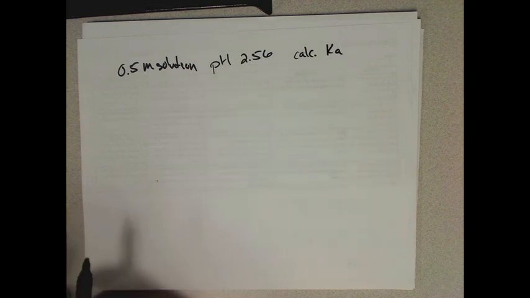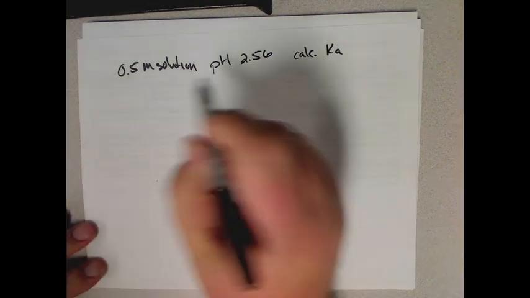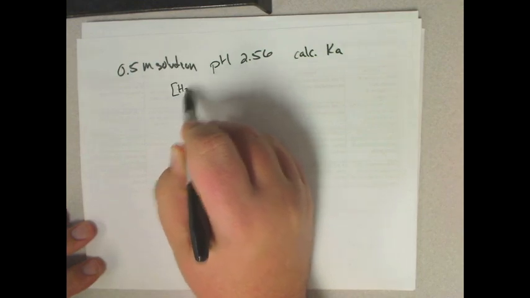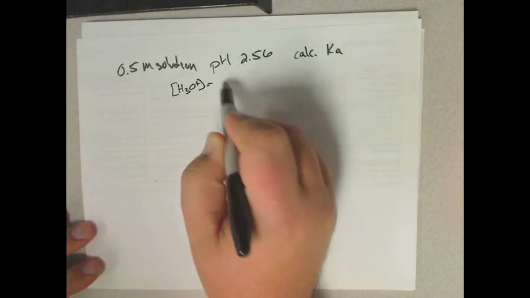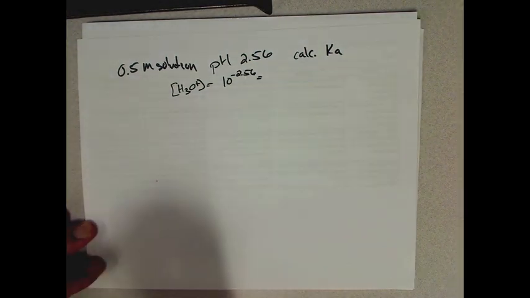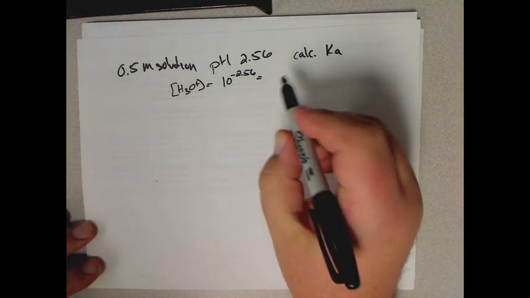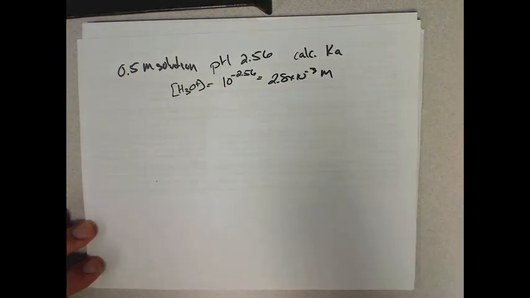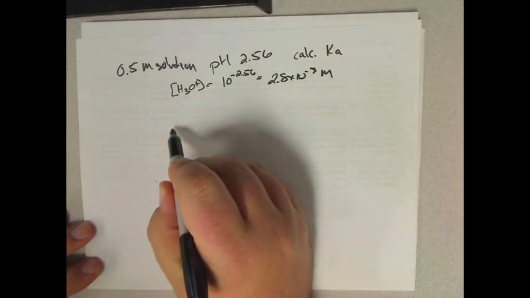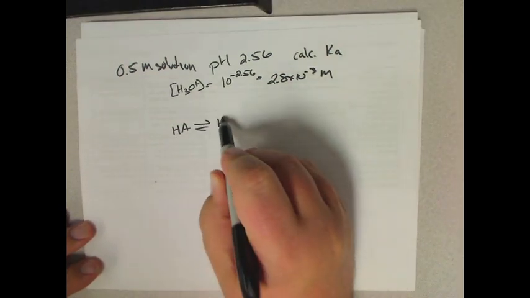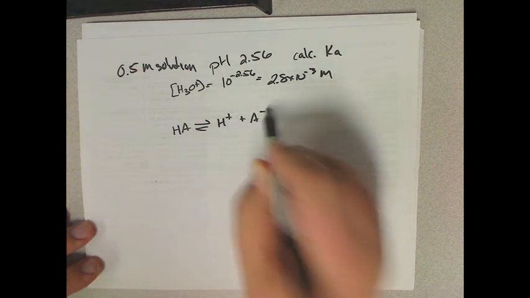If we do that, we need to convert the pH into H3O plus. That means our H3O plus is 10 to the minus 2.56, which equals 2.8 times 10 to the minus third molar. If we set up our ICE table again, we've got HA going to H plus, or H3O plus, and A minus.